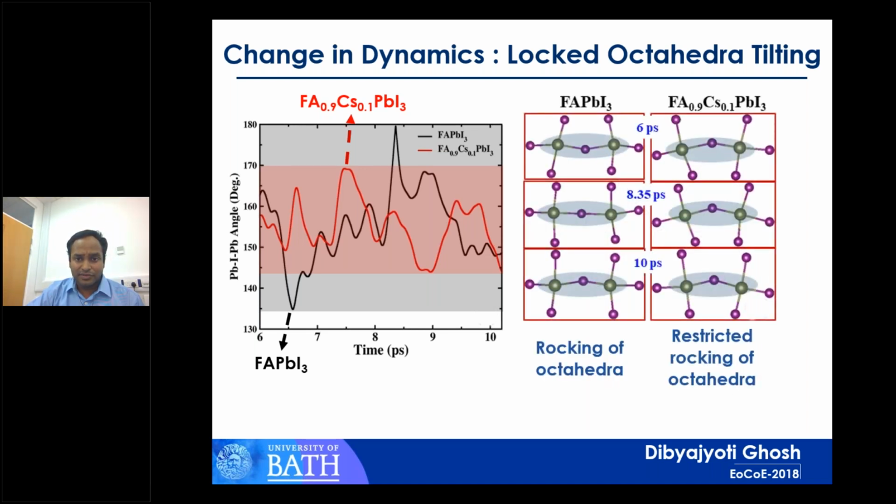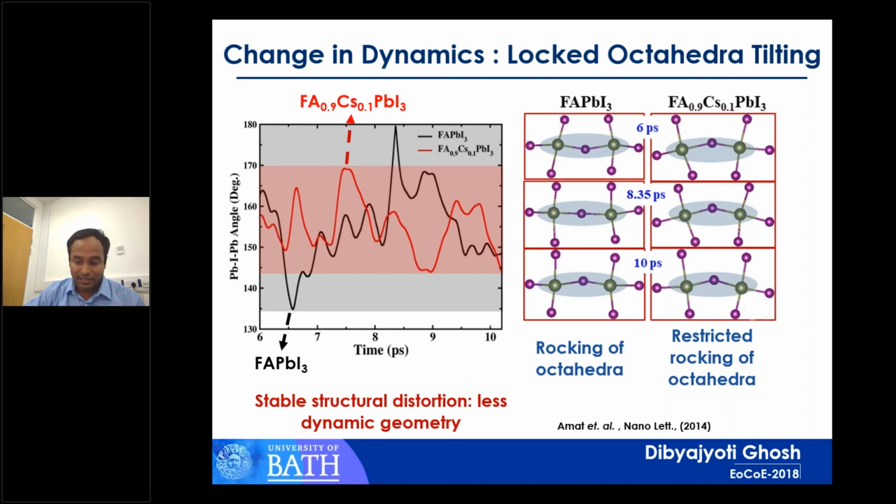Pictorially, in formamidinium lead iodide, if you take this particular area, lead iodide lead, it fluctuates back and forth, so you have a kind of rocking motion here. However, with cesium, you lock the octahedral tilting in a particular orientation, and it does not fluctuate much. So you have less dynamical distortion in the lattice because of this cation mixing.